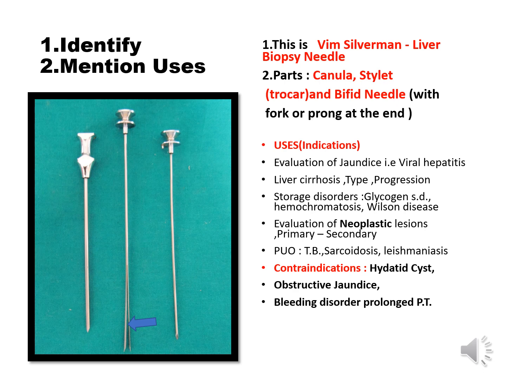If by biochemical parameters, in other words raised alkaline phosphatase, and other clinical parameters you suspect obstructive jaundice, don't do liver biopsy because it will lead to biliary peritonitis. Then bleeding disorders and prolonged prothrombin time are also contraindications for liver biopsy.